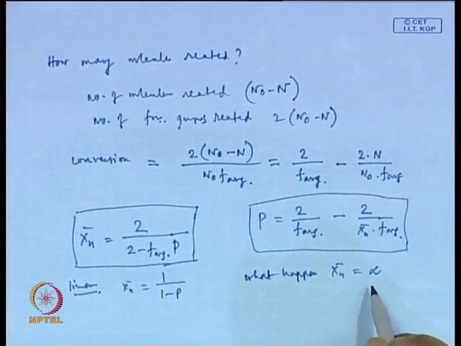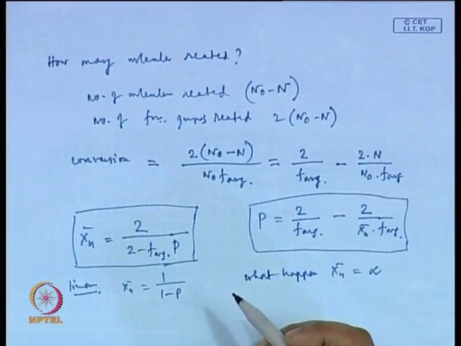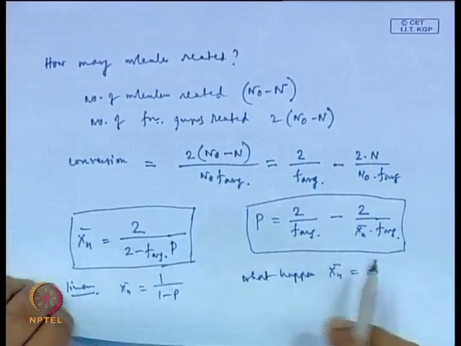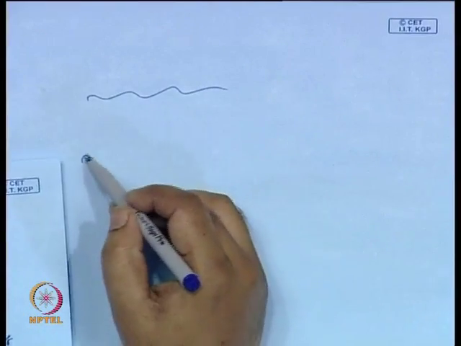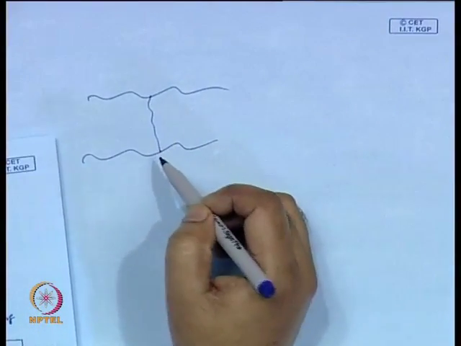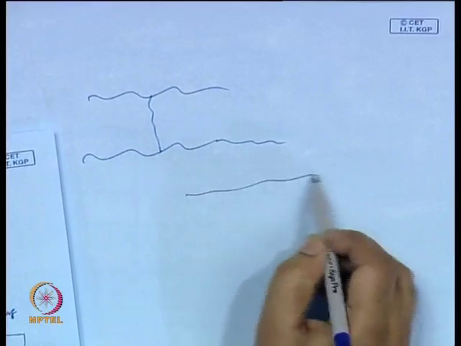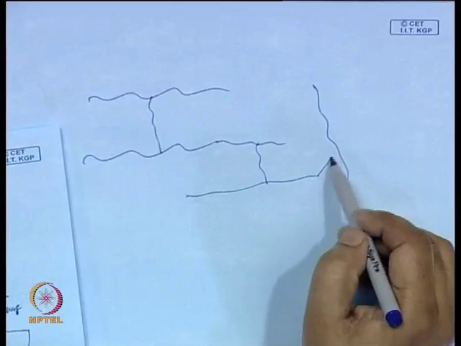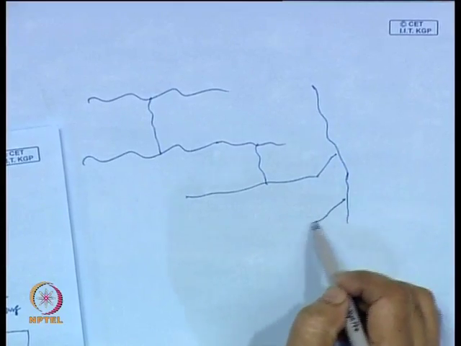If all the chains are tied up, say something like this, polymer chains are growing and now I have cross links here and there, something like this.